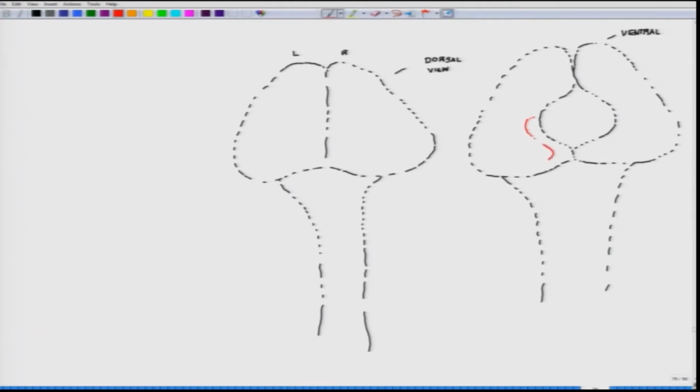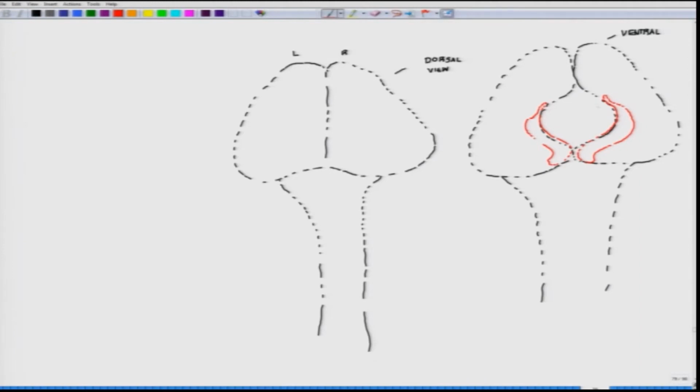There is a structure like this. And this structure is deeply embedded.